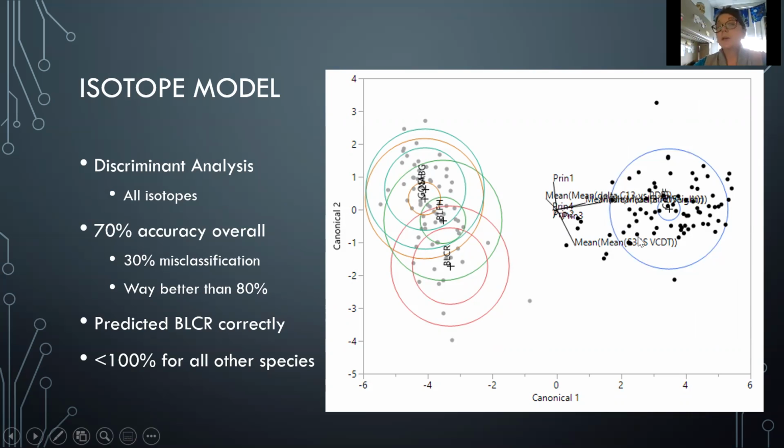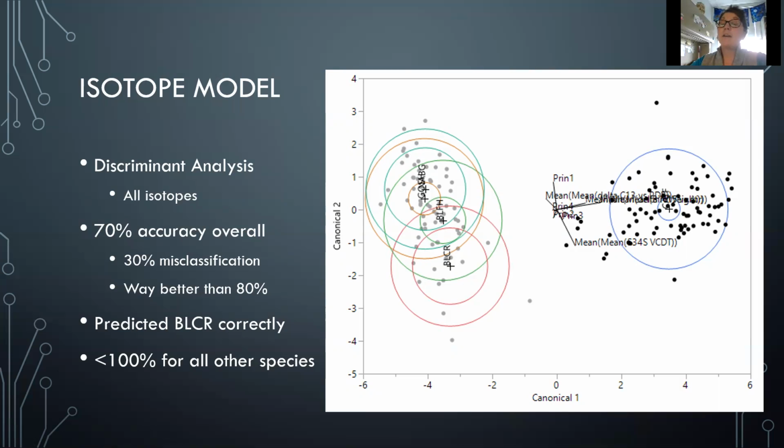Okay, so here are actually the results from one of these discriminant analysis models. And this is the one that includes all 3 of the isotopes. So what's been entered into this model is the isotopic data for carbon, nitrogen, and sulfur. And in terms of the accuracy of the model, it correctly classified birds 70% of the time.